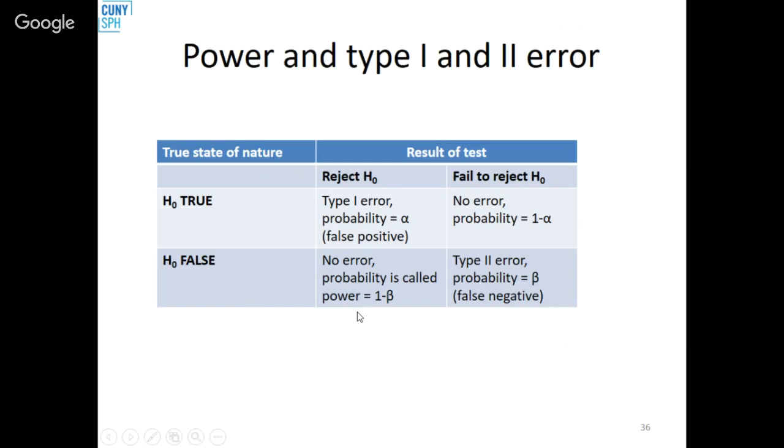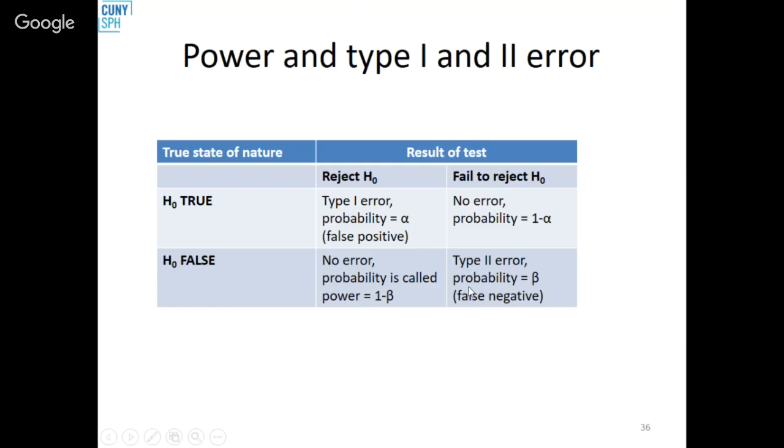We're going to get into power more next week, but I want to introduce it here. We've learned about type 1 and type 2 error and the instances where there is no error. There are two cases where you can be correct: when the null hypothesis is true and when the null hypothesis is false.